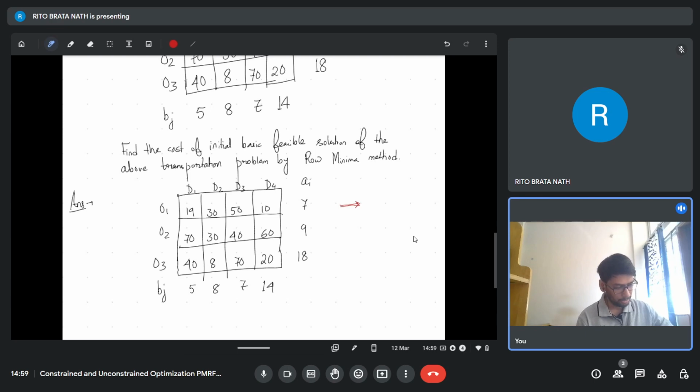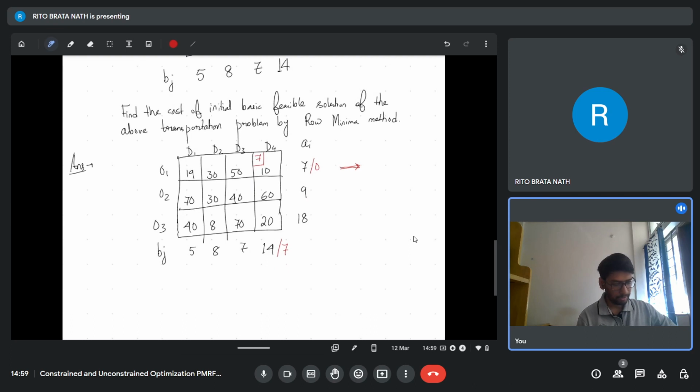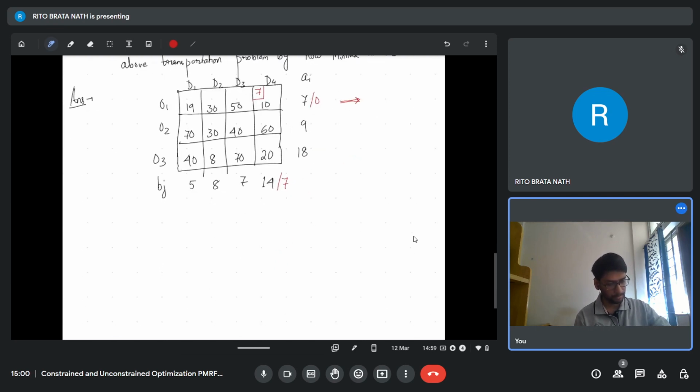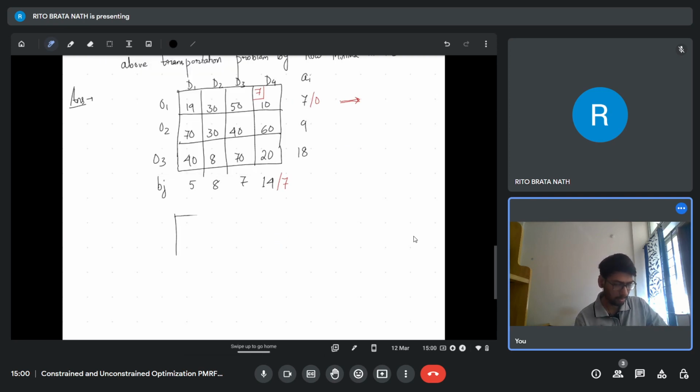This column corresponds to 14 and this row corresponds to 7, so the entire row allocation can be made right here. You allocate 7 here, so this becomes 0 and this becomes 7. In the next step, you can delete the first row and work with the rest of the 2 rows. Let me write this down again so that you are able to understand it from the notes later.